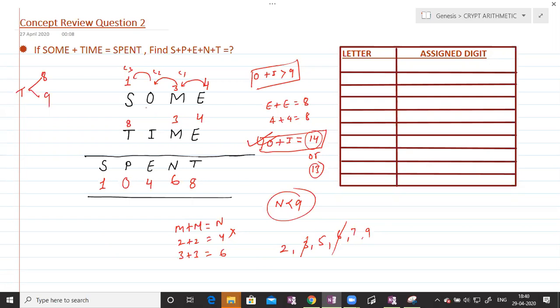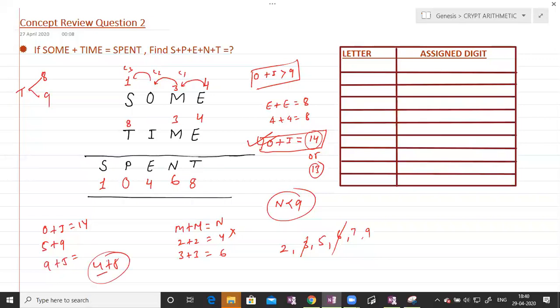Now look at this. O and I need 14. How to get the 14? O plus I, how to get 14? There are many possibilities, friends. It could be 5 plus 9, or 9 plus 5, also possible. Any other possibility? 4 plus 8?